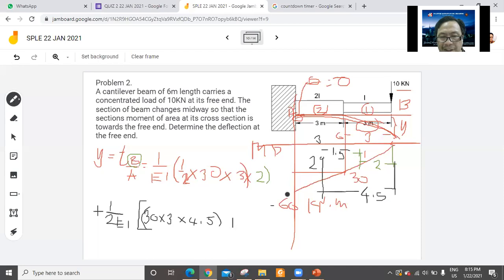And then you have plus. Ito naman triangle. Okay? Ito, if this is 30, this is 60. In other words, this one is 30. Okay? So the area of the triangle is just 1/2 times 30 times. Ito, 3 din ito. Okay? Times. Centroid is coming from here.